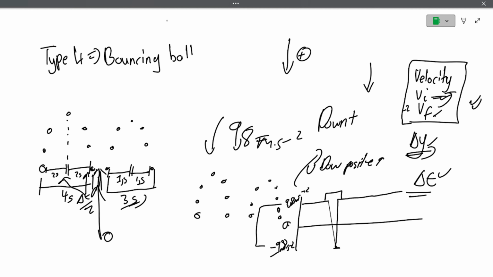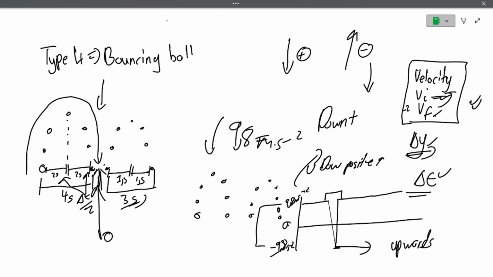But if acceleration is upwards, it will be negative, meaning the graph is going to the negative side, because now the acceleration is upwards. All the time where the ball is moving in the air, the acceleration will be downwards. But when the ball is in contact with the floor, the acceleration is upwards to make the ball want to go up.